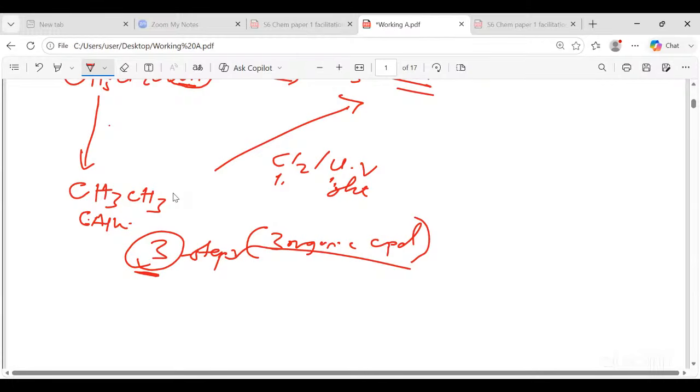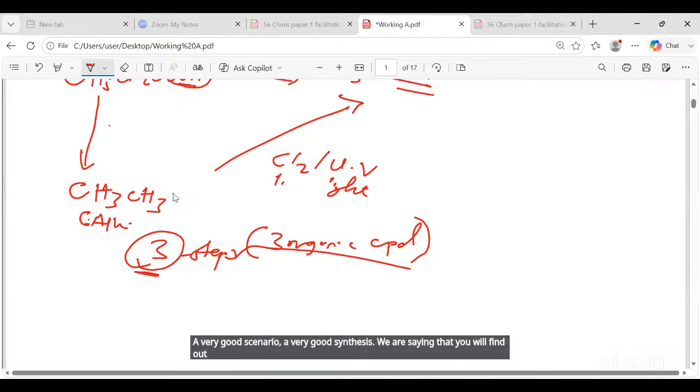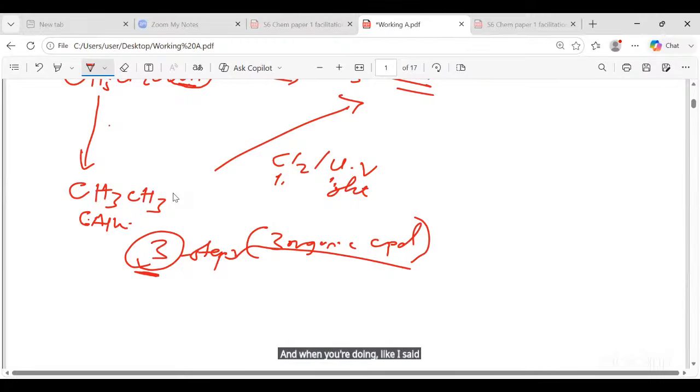Kindly don't squeeze your steps to become 3 when they are 2. You can have it in 2. But a very good synthesis, you'll find that it has at least 3 steps. And when you get to the question, answer the question.